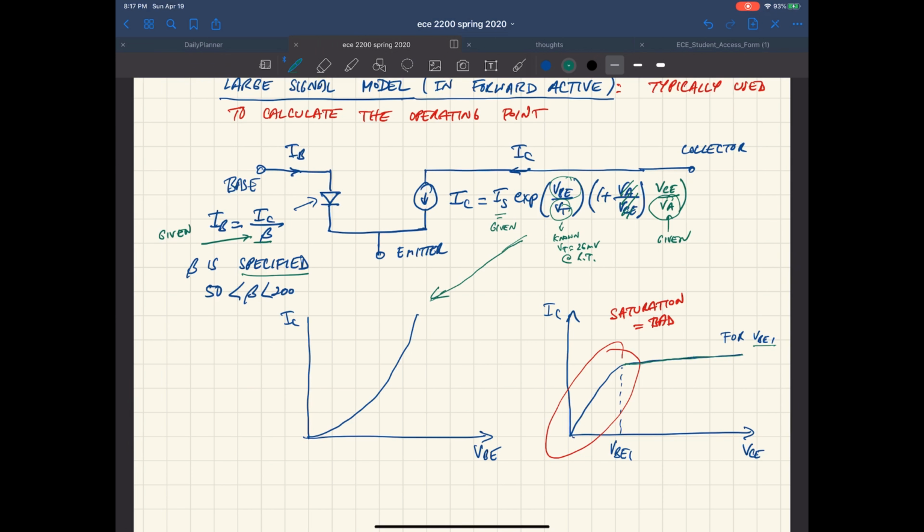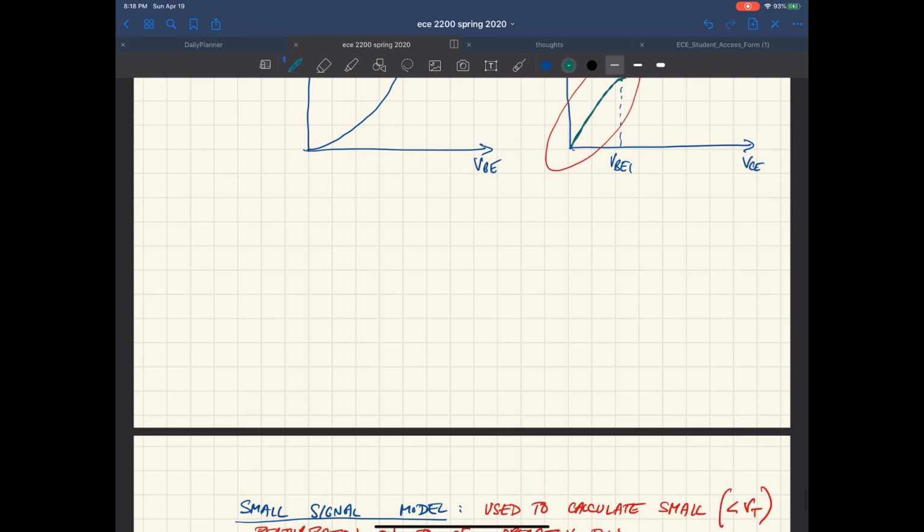Out here it's slightly upward-going because of the Early voltage. And right around when VCE drops to VBE1 is when VCB goes to 0. After that, your collector current goes down with VCE and you're in saturation, and that's a bad spot. You don't want to be there.